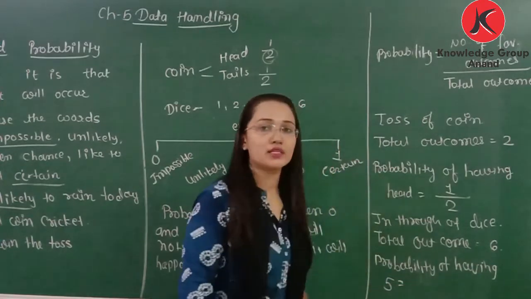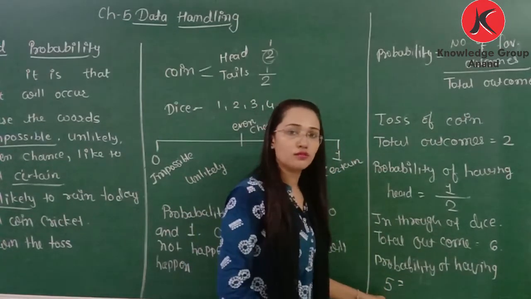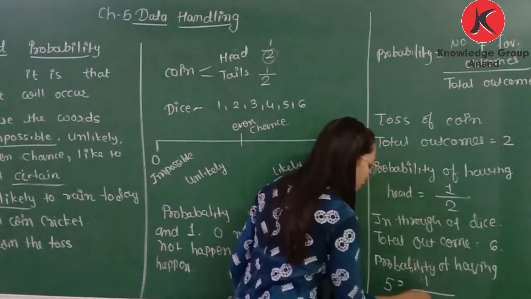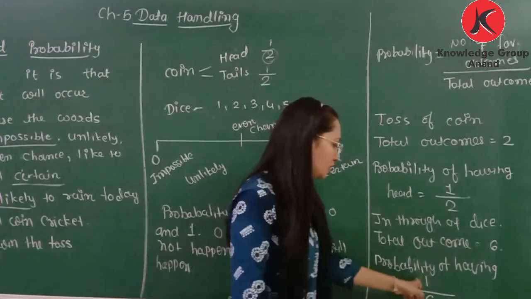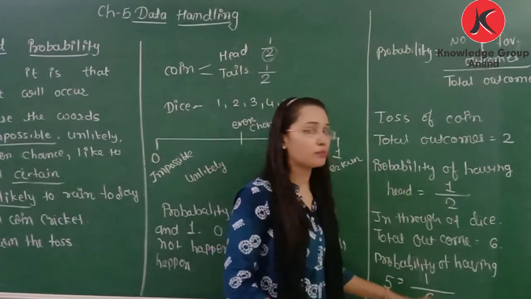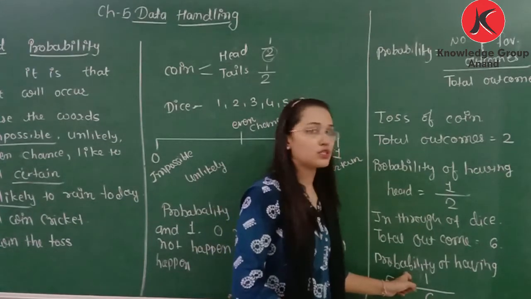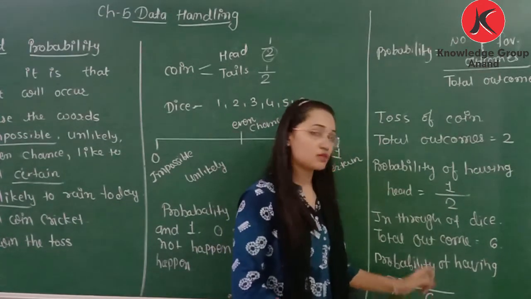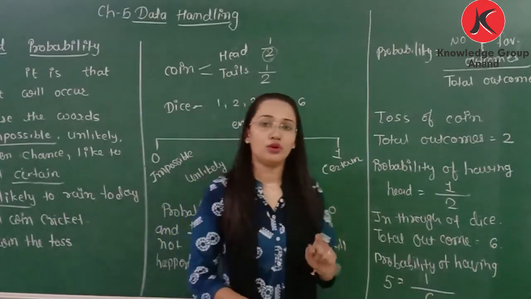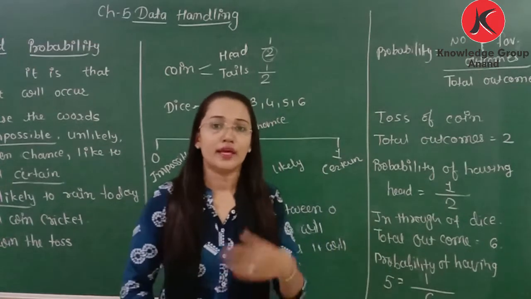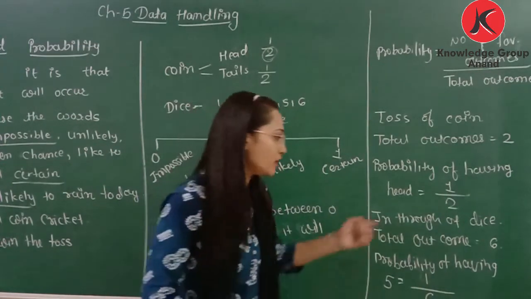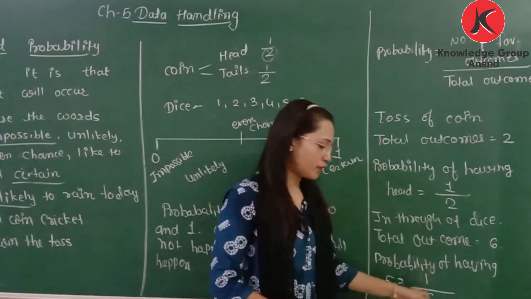So how many sides contain 5? There is only one side that has 5. So 1 favorable and total outcome is 6. So probability of having 5 will be 1 by 6. So you can find the probability of each number on a dice by this equation, because every side has a different number, and there is only one side that contains 1, only one side that contains 2, only one side that contains 3. So that's why all numbers have a probability of 1 by 6.